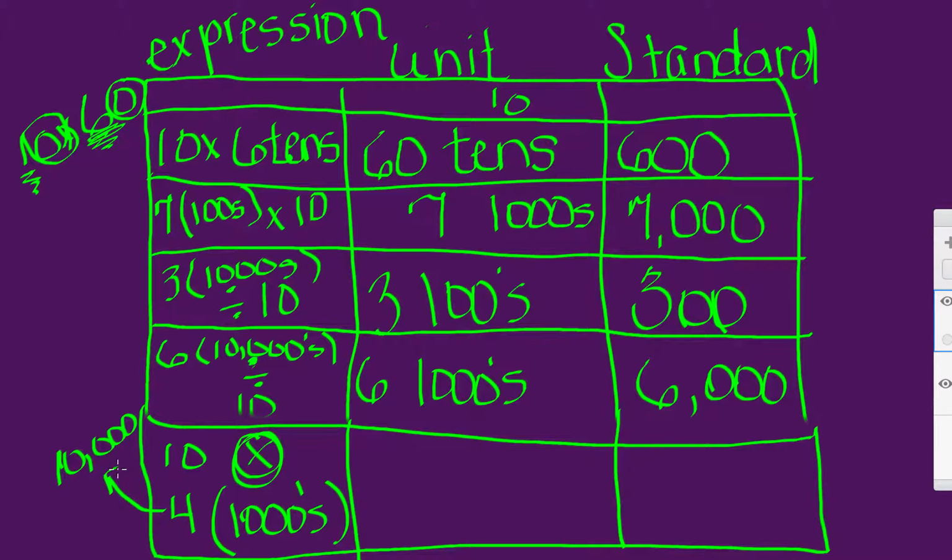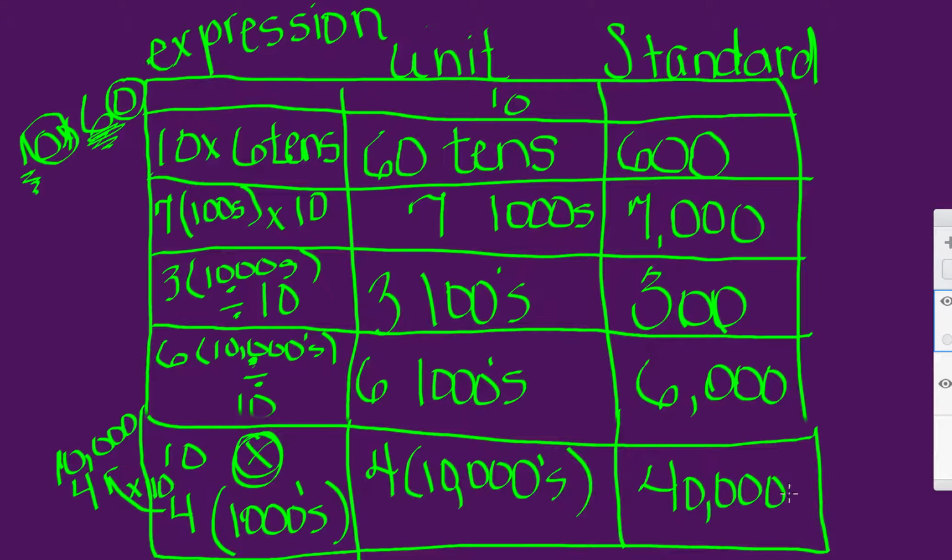So 4,000s times 10 is 4 ten thousands. If you write this in standard form, that's going to be 10, 20, 30, 40,000. So you start at the ones place, count 3, 1, 2, 3, comma. So you have 40,000 as your answer for that.